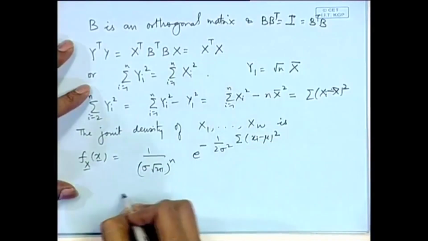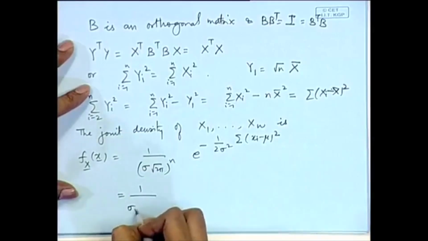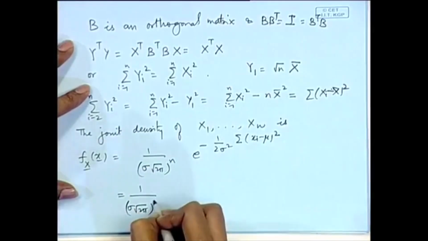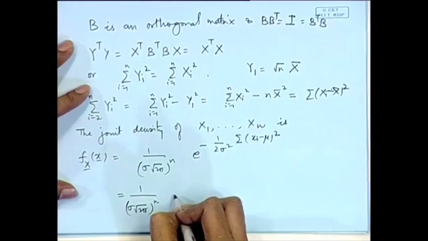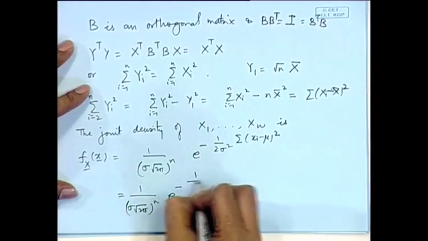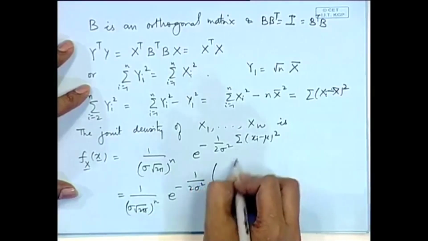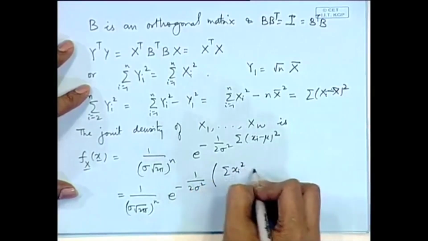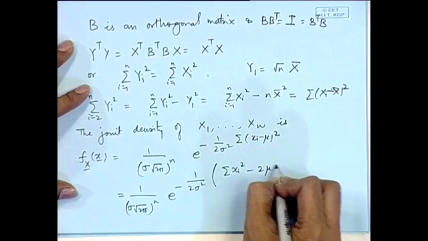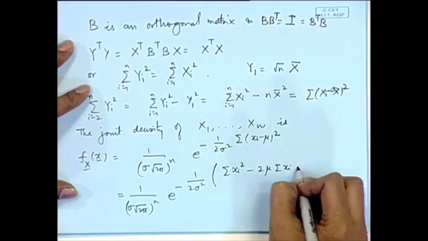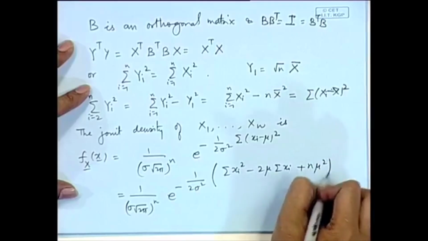Now, this we expand, we can write it as 1 by sigma root 2 pi to the power n, e to the power minus 1 by 2 sigma square, and now we get sigma of x_i square minus 2 mu sigma x_i plus n mu square.